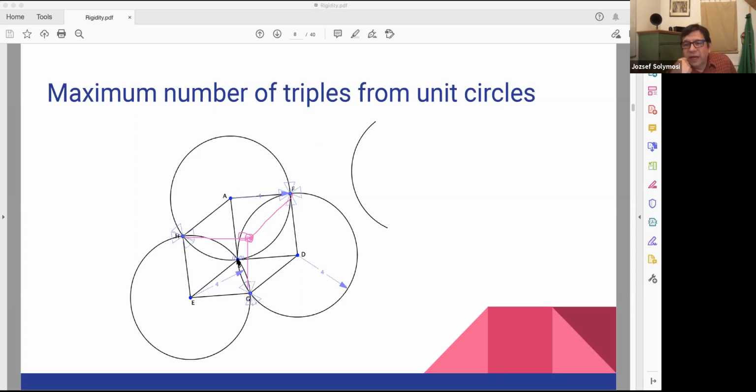So the bound we have is n to the 3/2. So there is a construction that you can have n to the 3/2 co-unit circular triples, but nothing better is known, and it's not even known that it's little n squared.